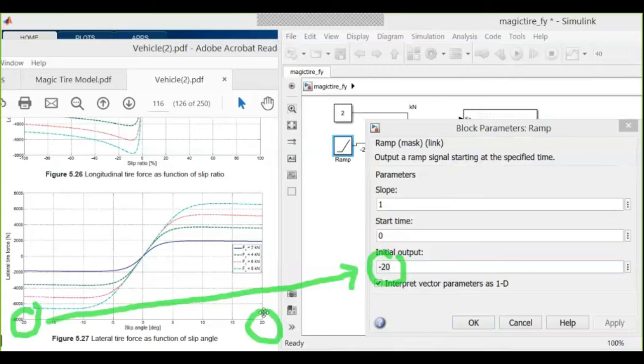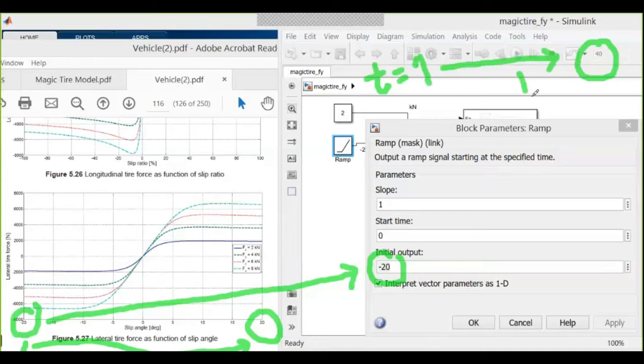So from negative 20 until 20, you need 40 data, 40 times. Since our model starts from time equal to 0, start at time 1, so you need to put until 40 here, from t equal to 1 until t equal to 40.